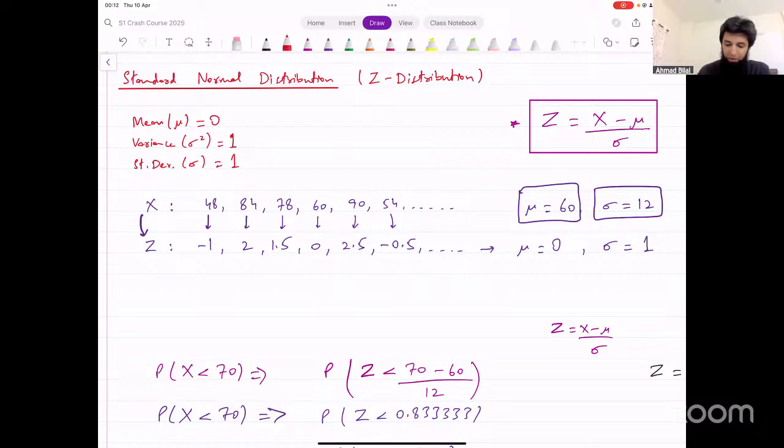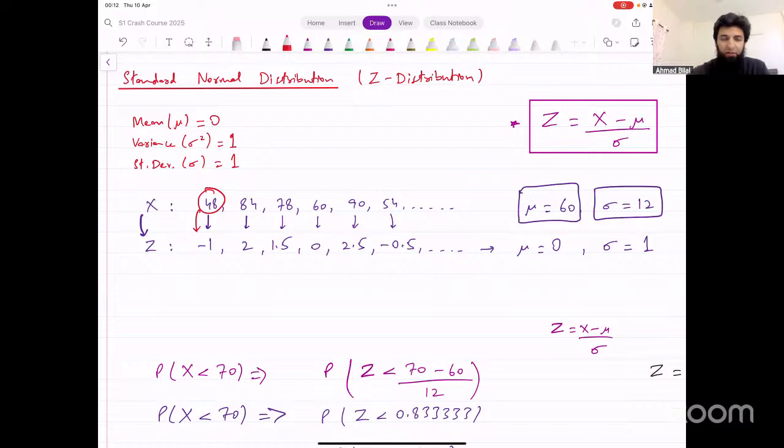What about 48? This is giving us a value of -1. What does -1 mean? 60 minus 12. If we subtract 12 from 60, that gives us 48.